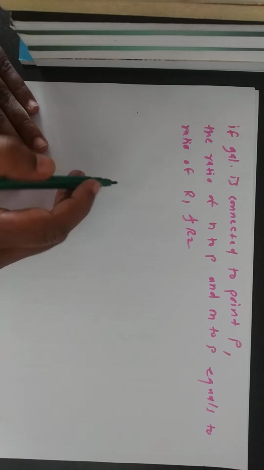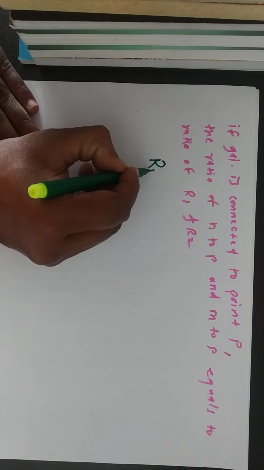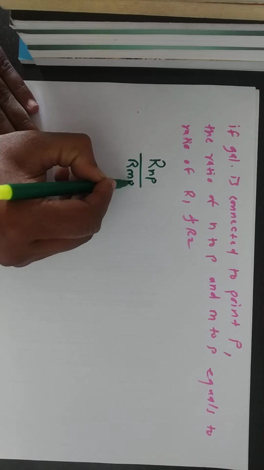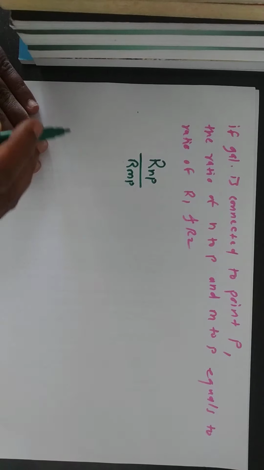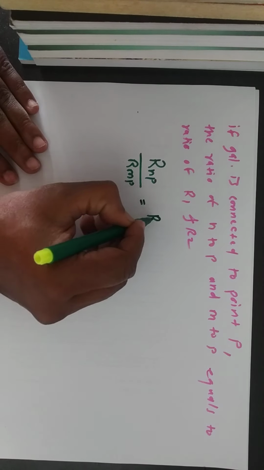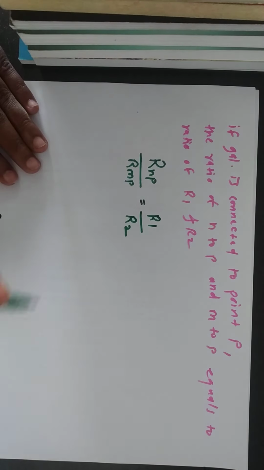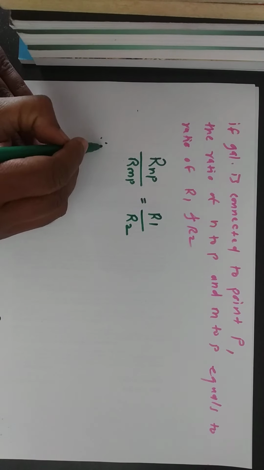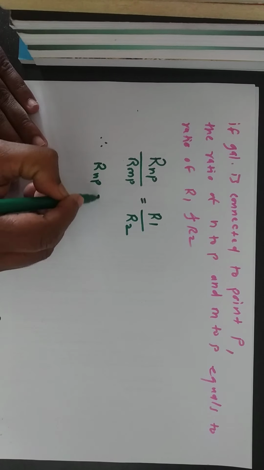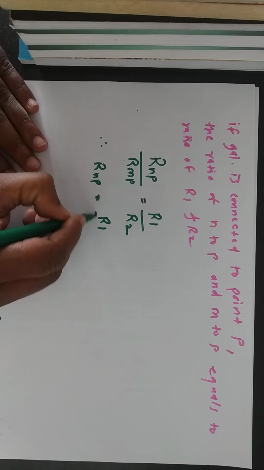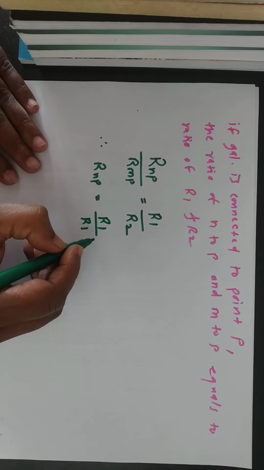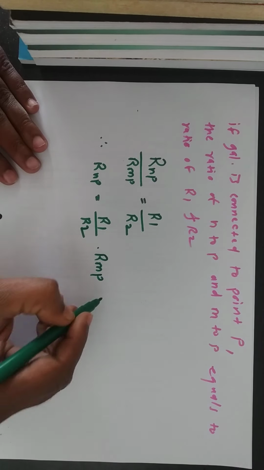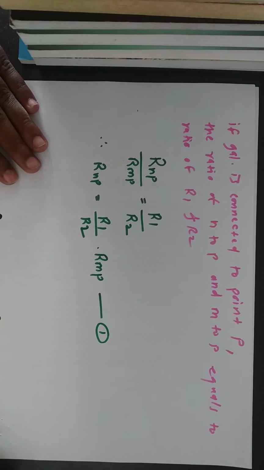So this equation becomes the resistance of RNP divided by RMP, the resistance of N to point P and M to point P, is equal to R1 divided by R2. And let's consider we have to solve this for RNP. So RNP is equal to R1 divided by R2 into RMP. So this is our equation number 1.